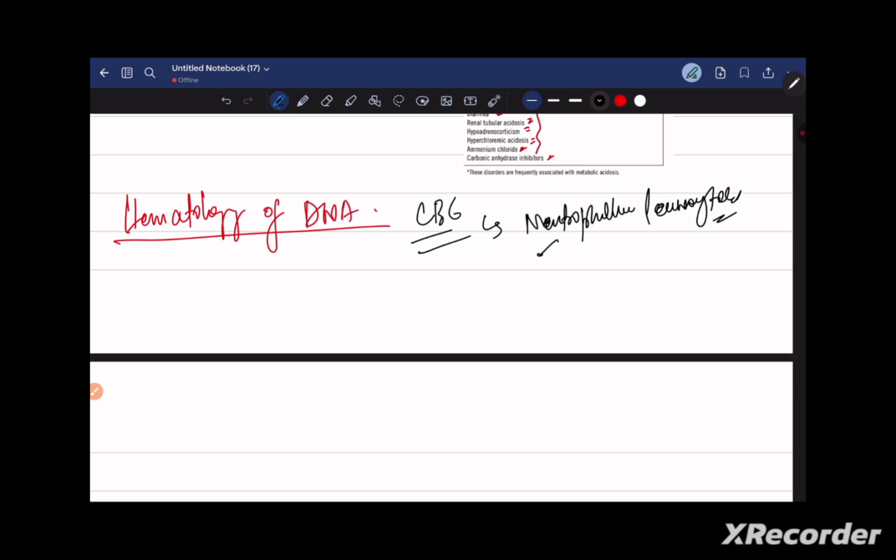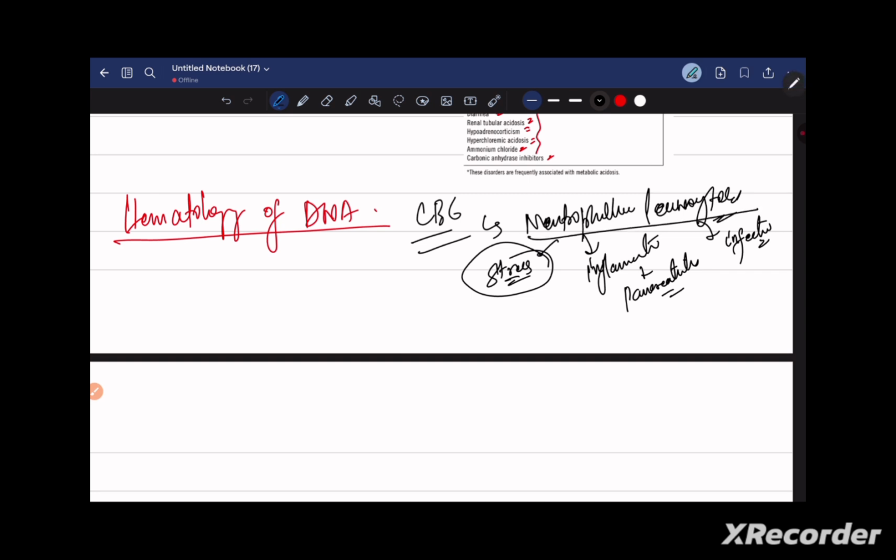The reason is maybe the patient is under stress. There will be some sort of inflammation, like pancreatitis, or some sort of infection, since glucose is present in the urine and glucose is the best substrate for bacteria, so it will lead to neutrophilic leukocytosis.